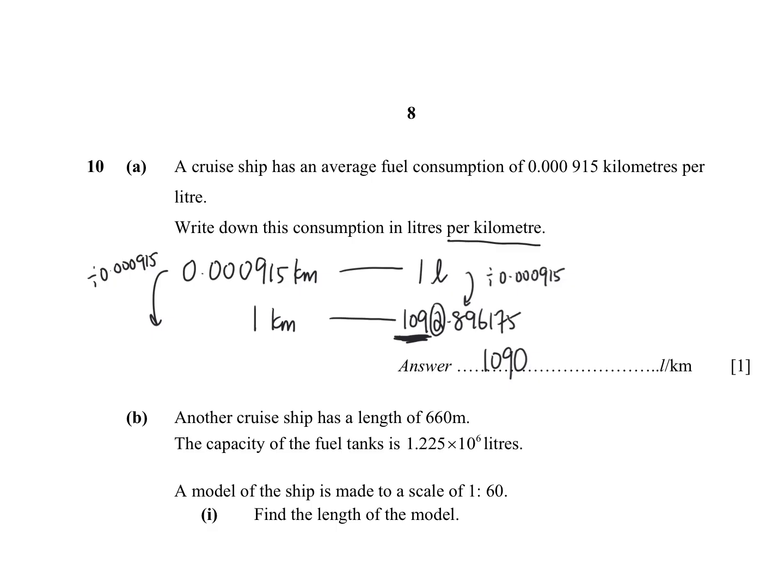Any number before the decimal place, we reset to 0. Any number after the decimal place, we throw. So all these don't write. This is your 3SF answer. I cancel off on my page, but you don't cancel off on your working. I'm just showing you what we will remove when rounding off.